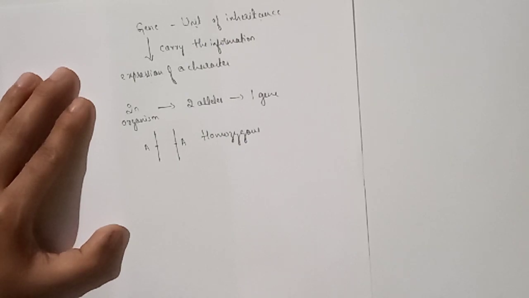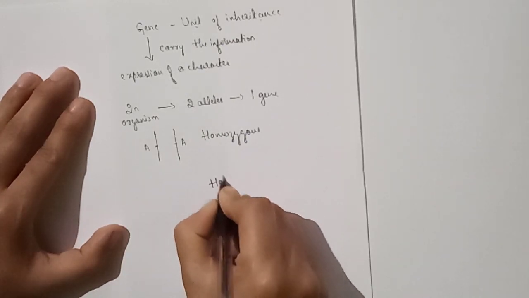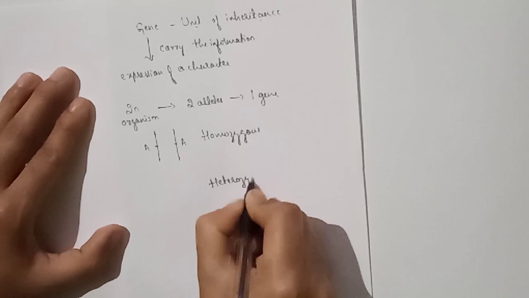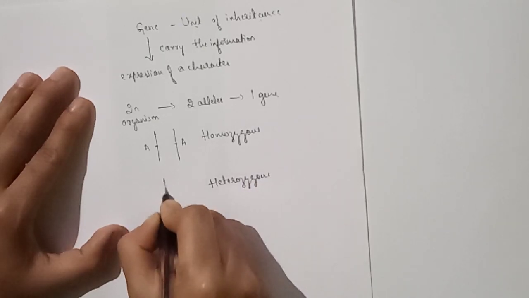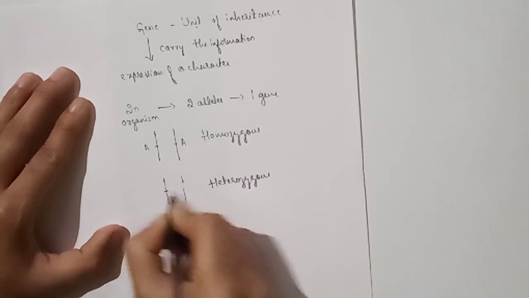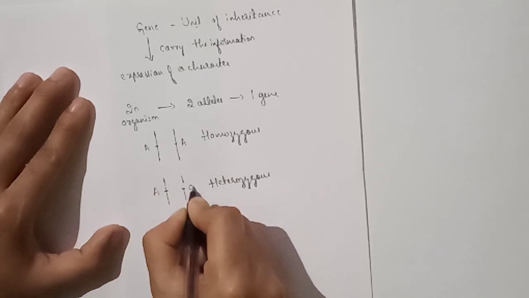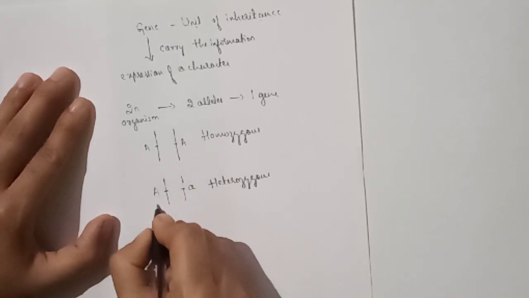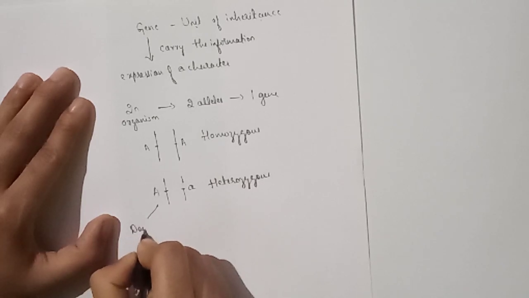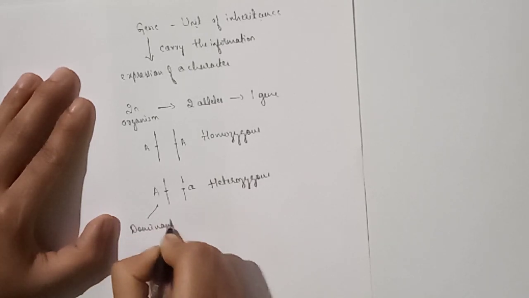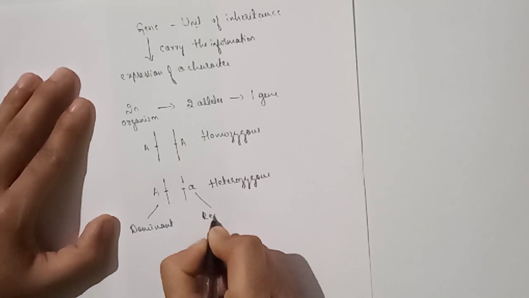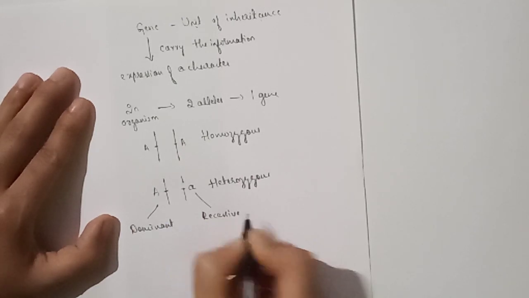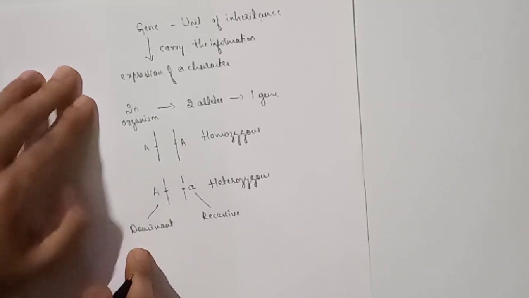In heterozygous condition, there are non-identical alleles for a gene in which one is dominant, another one is recessive.